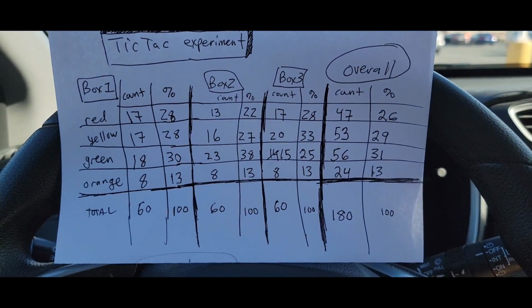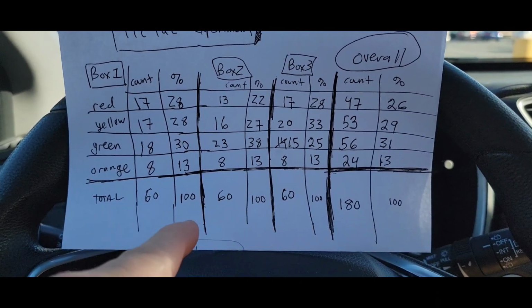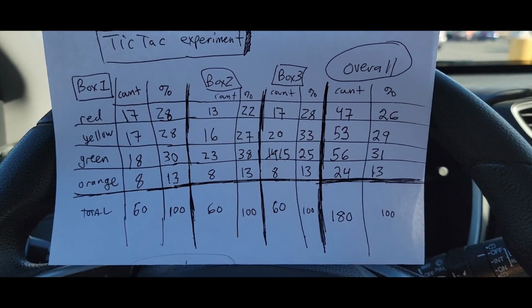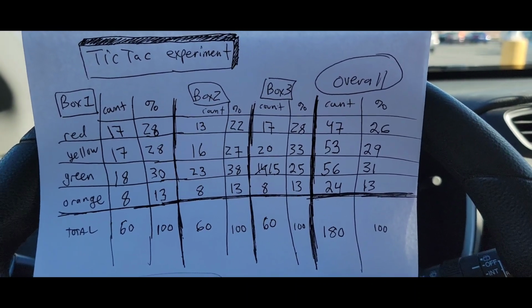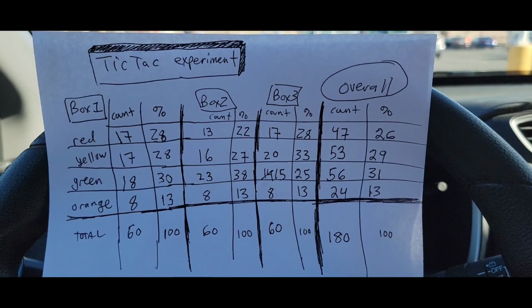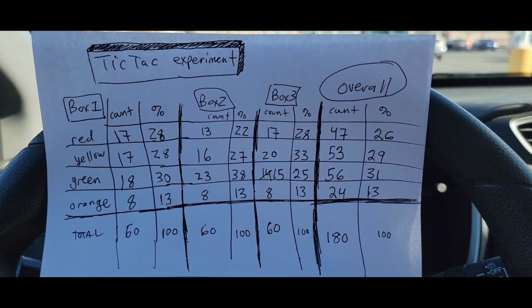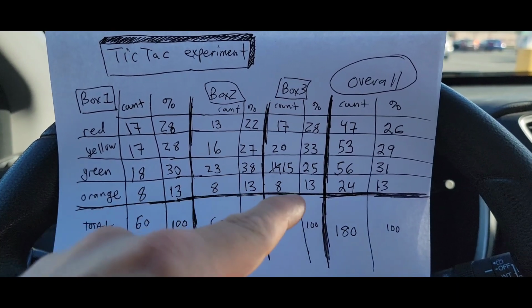So the first thing we can see is in each of these Tic Tac boxes, there's 60 total Tic Tacs. So it seems like I could infer that they probably standardize the amount that goes into each Tic Tac box or container, whatever you want to call it. The second thing is the number of orange seems to be the same, 8, 8, and 8.